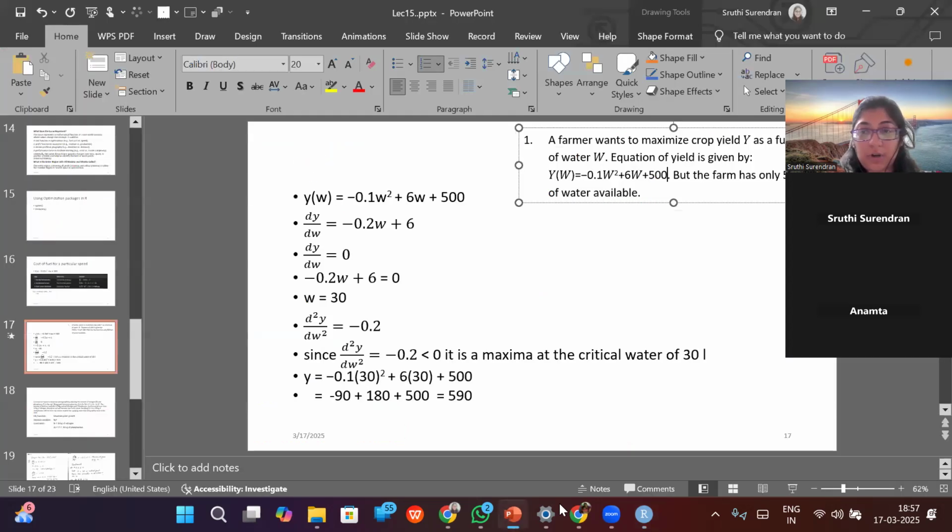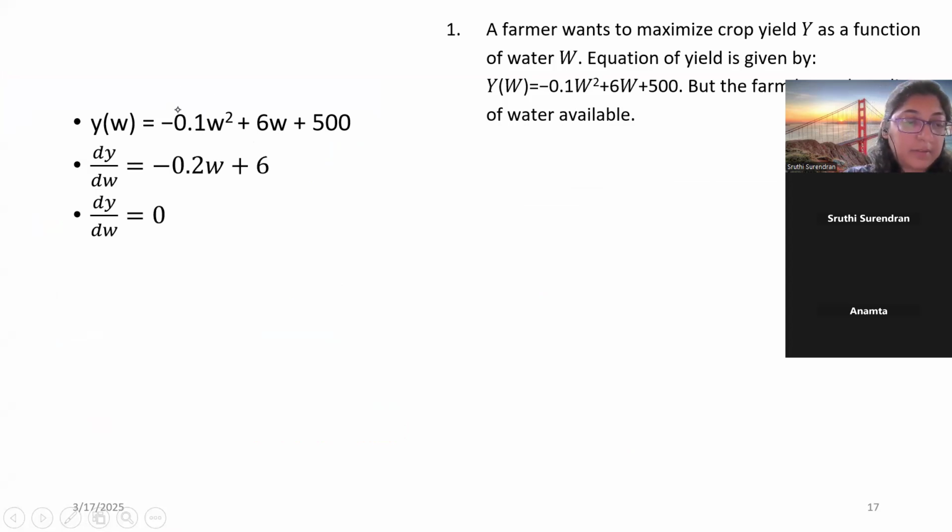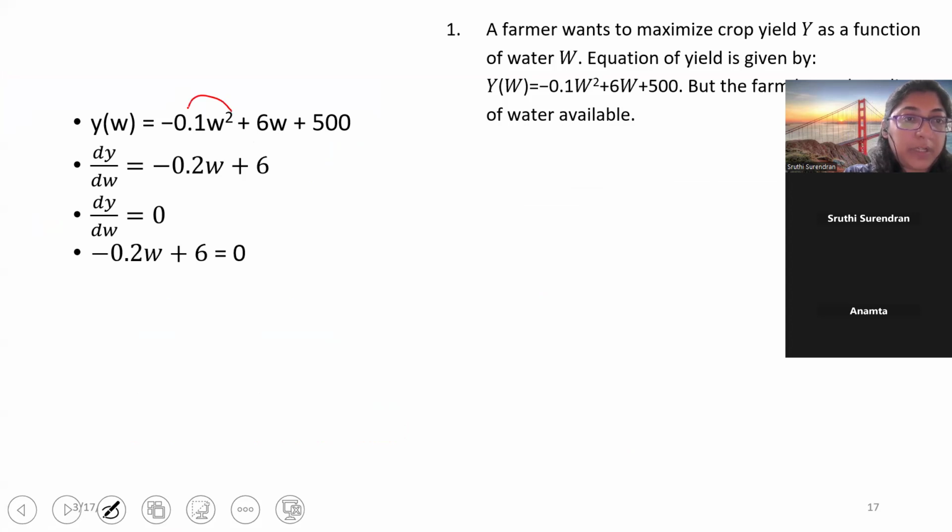Now, if you try to solve it numerically, the first step is to write the function, which is minus 0.1 w square plus 6w plus 500. The first derivative of it will be 2 into 0.1, so minus 0.2 w plus 6.